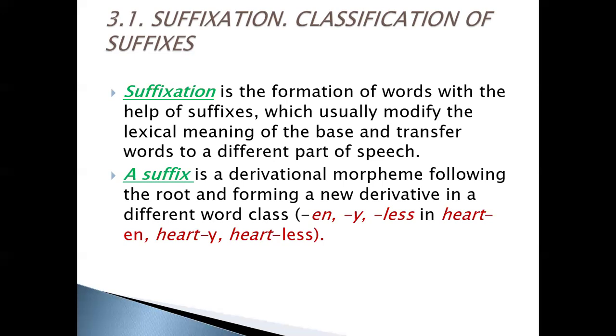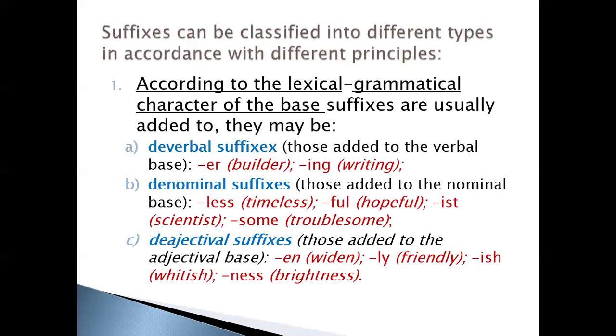The variants of the suffix: -en or -y, -less, in hearten, hearty, or heartless. According to the lexical-grammatical character of the base, suffixes are usually added to, they may be verbal suffixes. For example, -er, builder; -ing, writing. Second, the nominal suffixes, those added to the nominal base.